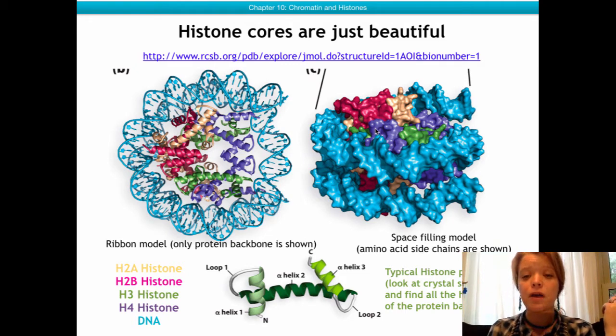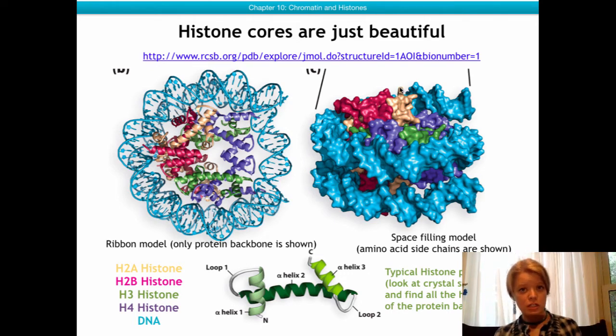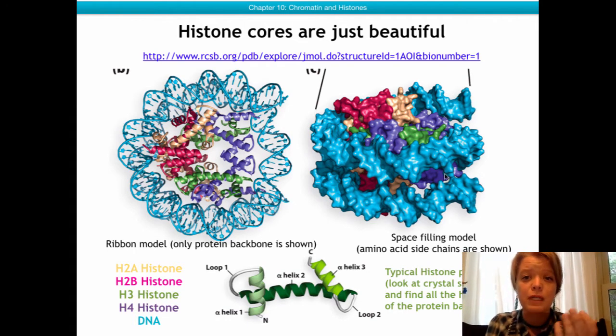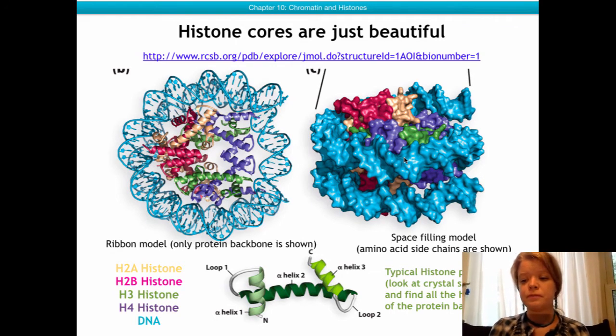Now the space-filling model of this nucleosome has all the side chains present. That's why it's so full. There's no water coming in between the histone and the DNA. But it's a lot harder to make sense of because it's so busy. That's why a ribbon model is frequently used to show a particular protein.